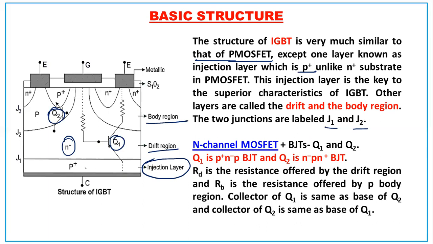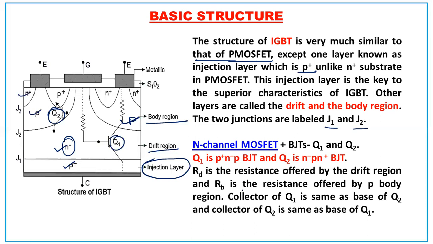So Q1 is P plus N minus P. This is P only, it's not marked. That is Q1. And Q2 is N minus P N plus. That is Q2.